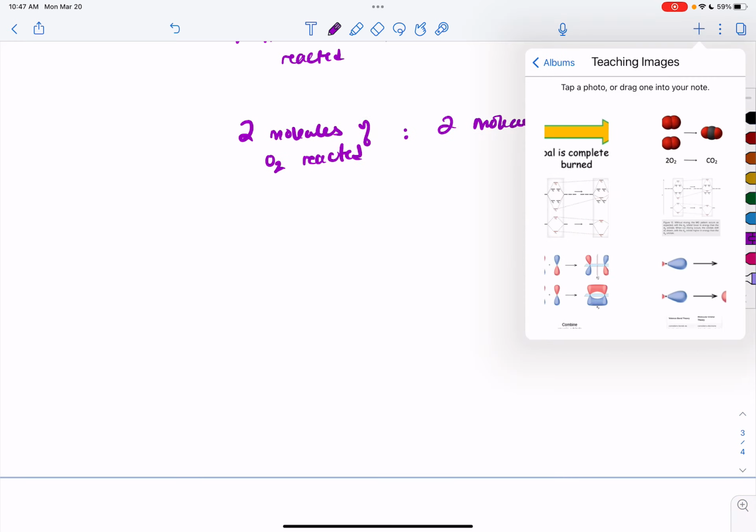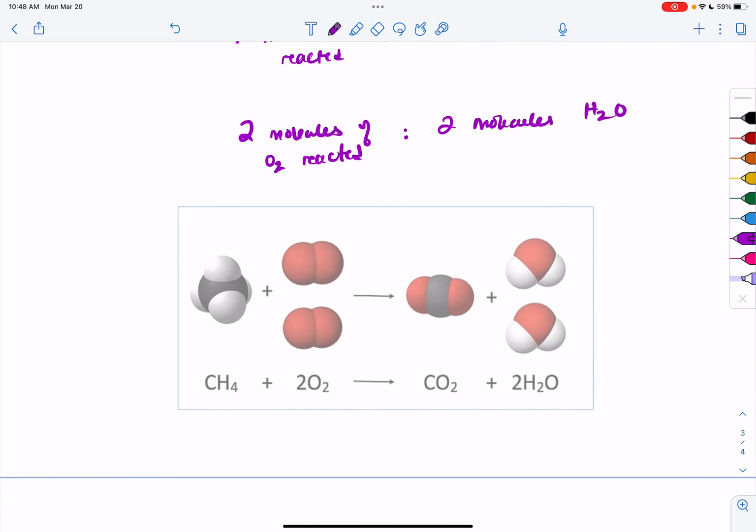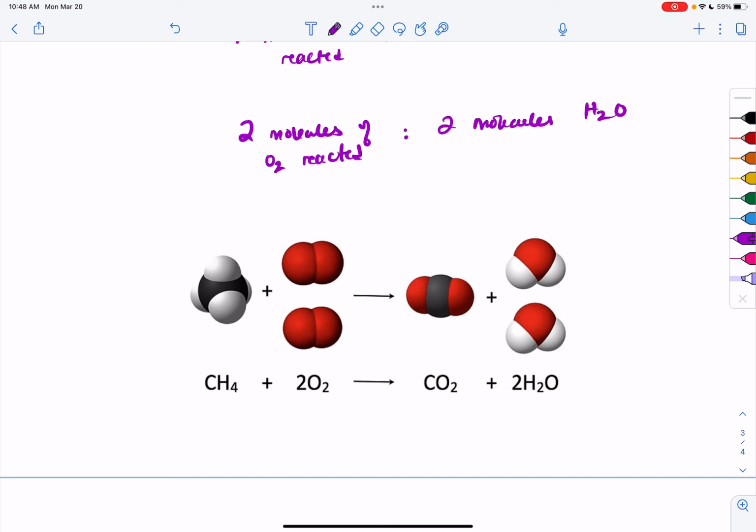And if we were going to look at this visually, this is what this all translates to. I have 1 molecule of CH4 reacting with 2 molecules of O2. This is what's going to allow us to then have these bonds between carbon and hydrogen, and then our oxygen bonds be severed, so that we've rearranged it to form carbon with bonds to 2 oxygen and 2 water molecules with oxygen bonded to 2 hydrogens.